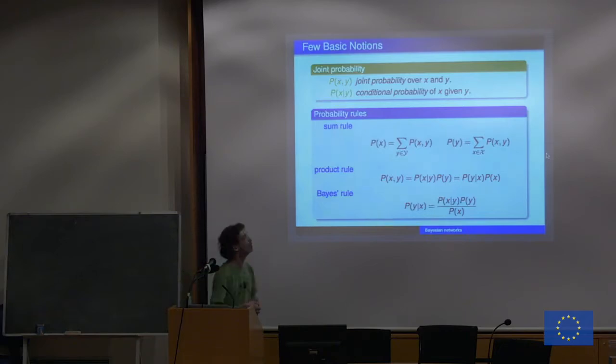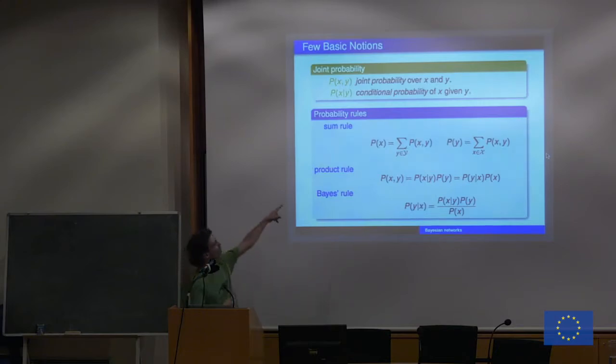The main rules you use to play with probabilities are these three. The sum rule is what's called marginalization. It allows you to compute the probability of one variable from the joint probability of the variable and others by marginalizing out the others, so summing over the possible values of the others.